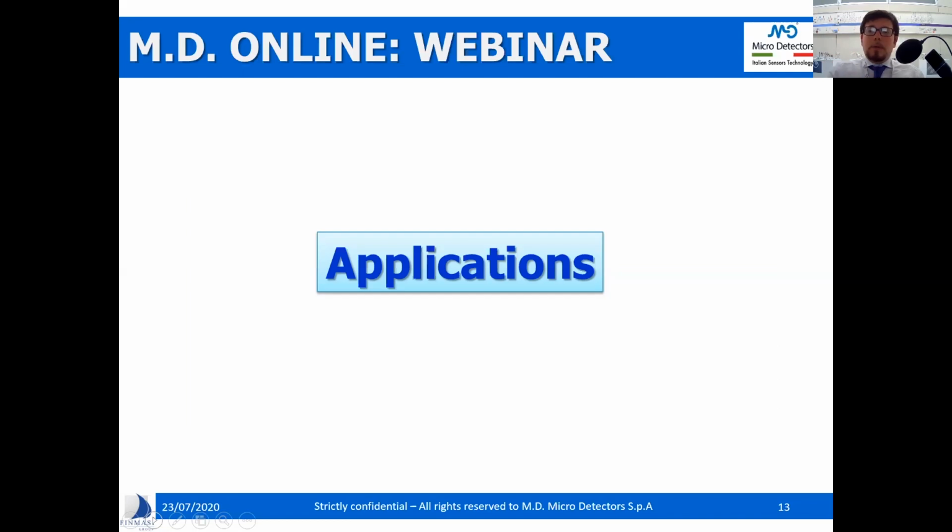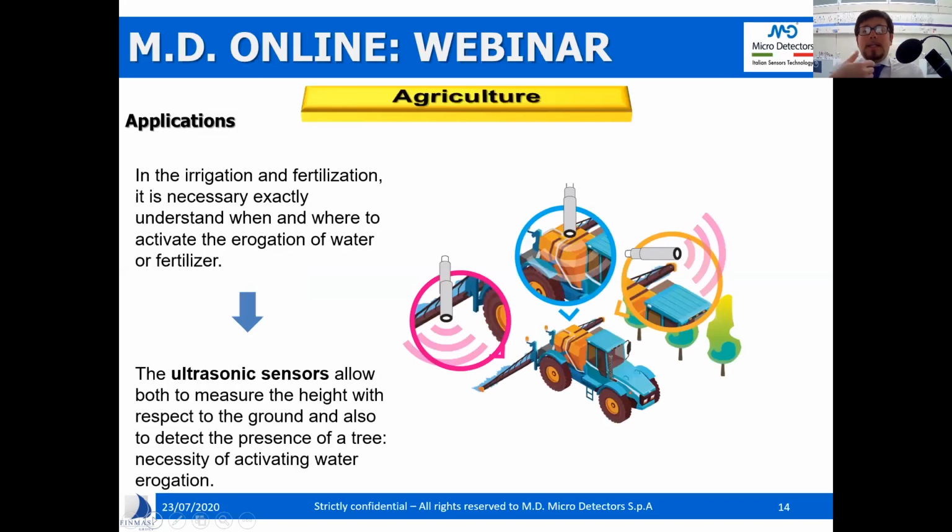In particular, we want to share with you some of the most significant applications that we already solved with our ultrasonic sensors. Let's start with a green application within the agriculture field, where we supported the activities of distribution of water and fertilizers.